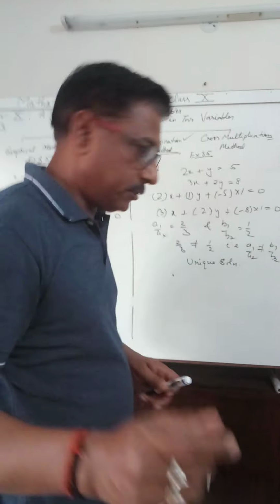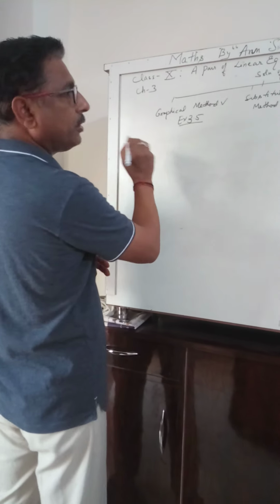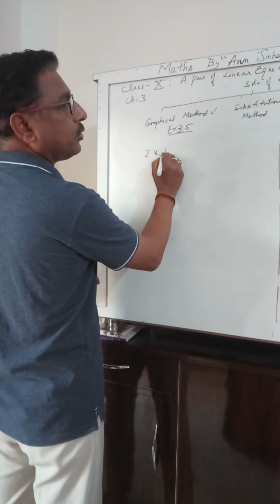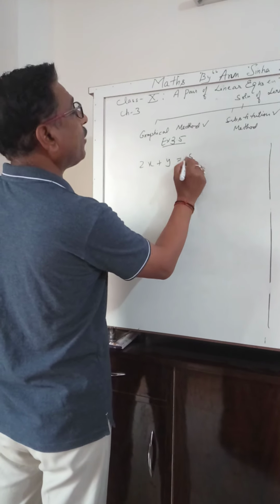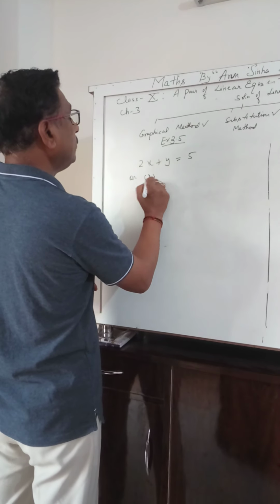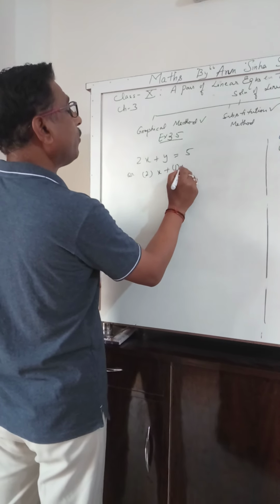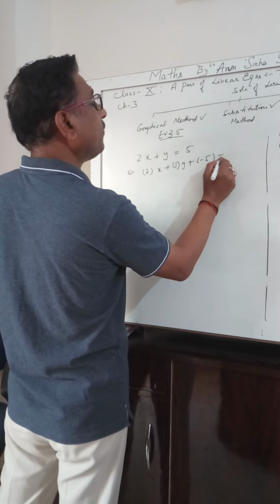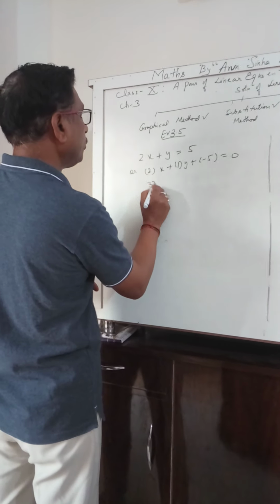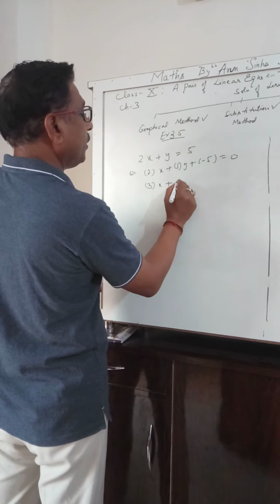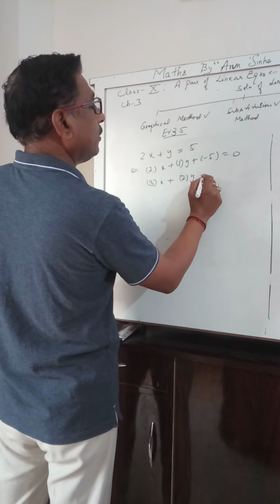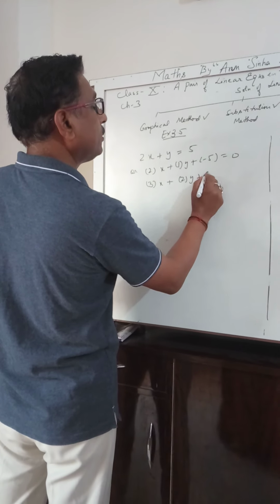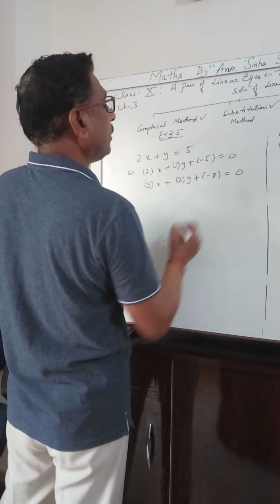Okay, children. Now children, again write the same question. 2x + y = 5, or 2x + 1y + (minus 5) = 0. Similarly 3x + 2y + (minus 8) = 0.